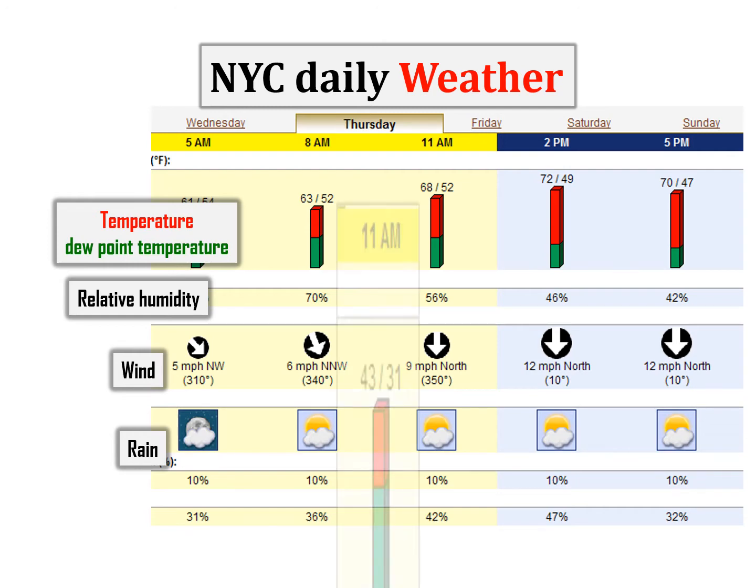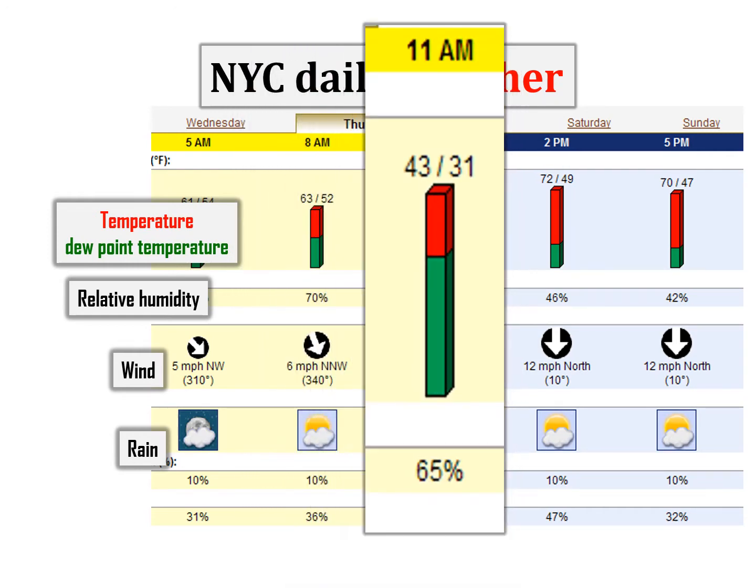So here I give you the chart. The temperature is 43. Dew point temperature is 31. Relative humidity is 65 percent.